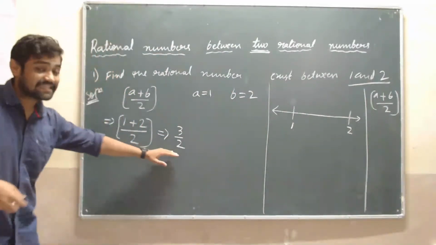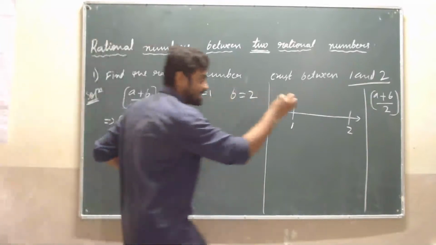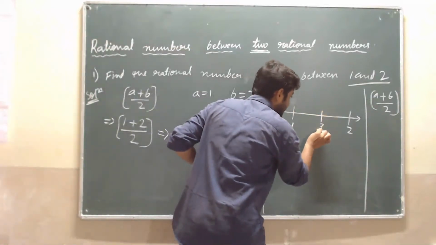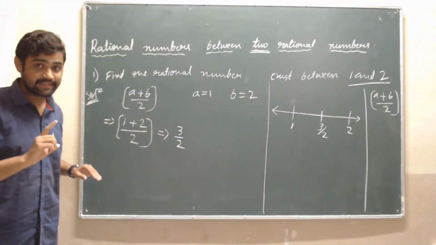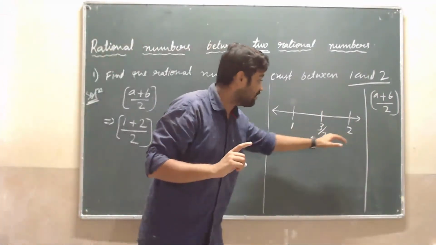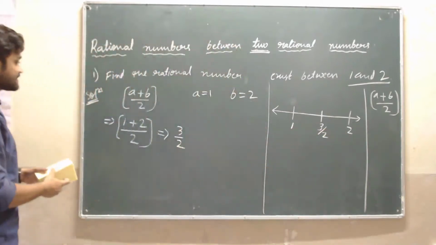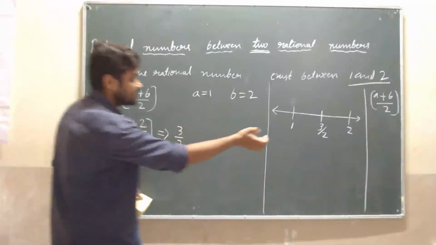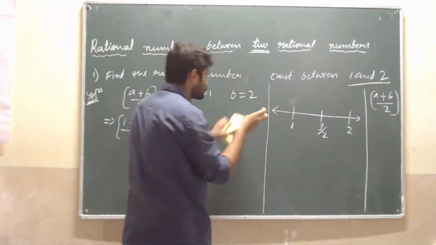See here, the first rational number we have between 1 and 2 is 3 by 2. Are you getting my point? Then continue this process. First, let's take A equal to 1 and B equal to 3 by 2.